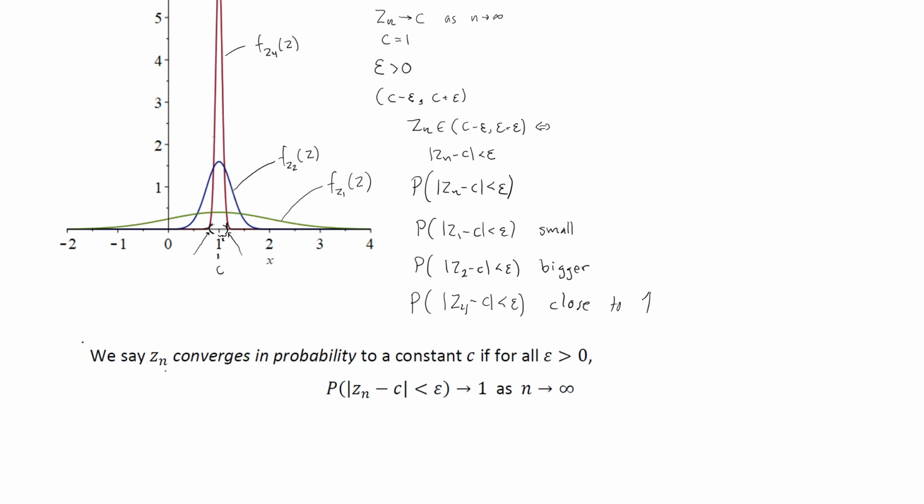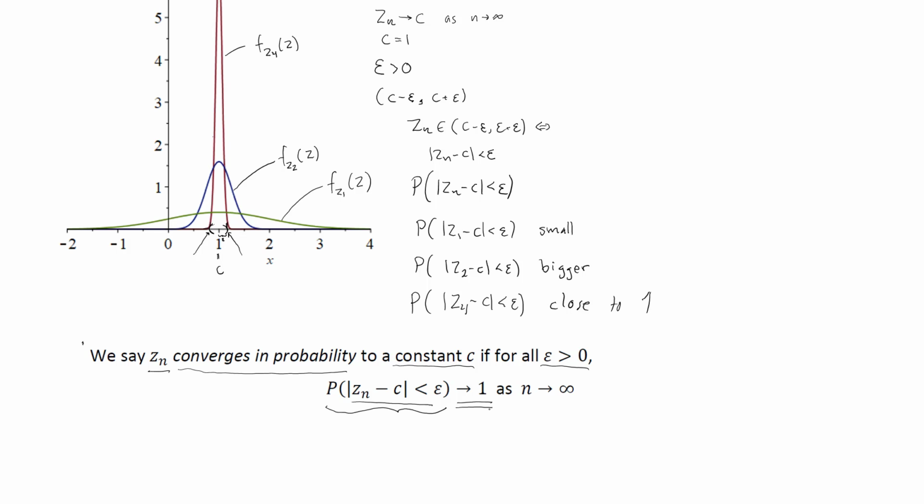So we will say that this sequence of random variables Zn converges in probability to a constant c if for any epsilon greater than 0, that is for any size of this interval, no matter how small it is, the probability that Zn will end up in this interval always approaches the number 1 as n goes to infinity.